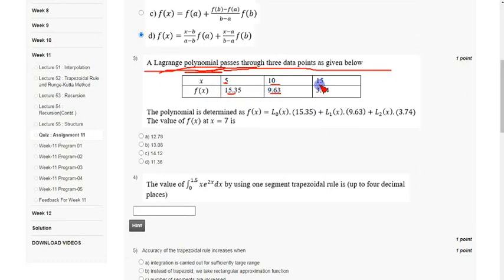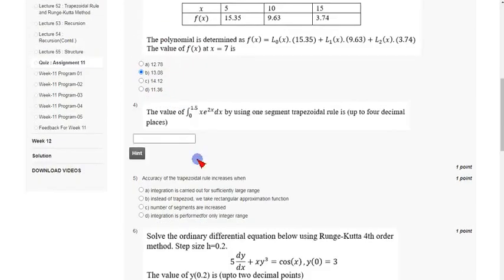And at x equal to 15, f of x equal to 3.74. And they have given a formula. For that formula, they are asking the value of f of x at x equal to 7. So when x equal to 7, the value of f of x is 13.08, that is option B. So mark option B as the correct answer for the third question.